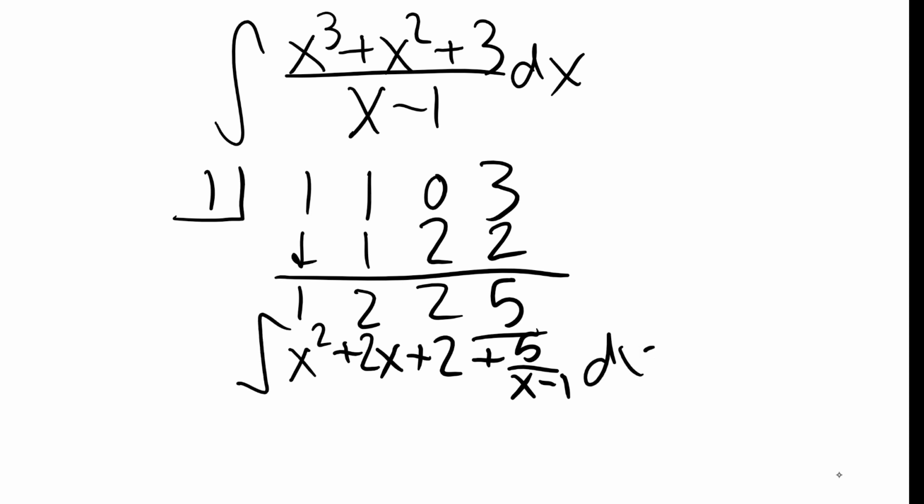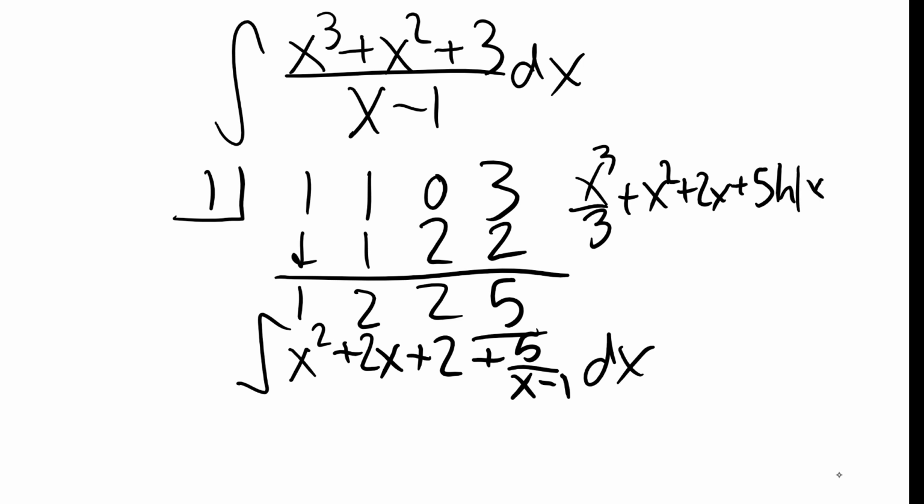So this last part gets way cleaner, and our answer is x cubed over 3 plus x squared plus 2x plus 5 times the natural log of x minus 1 plus c, which I probably went off the screen for you. Oh well. There's a plus c on the end. Okay, so that's a bunch of stuff.